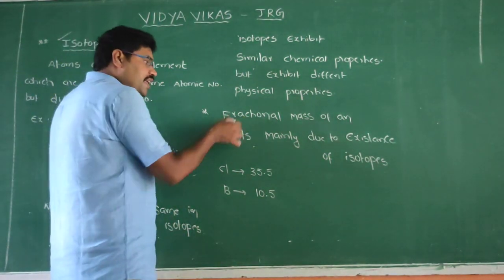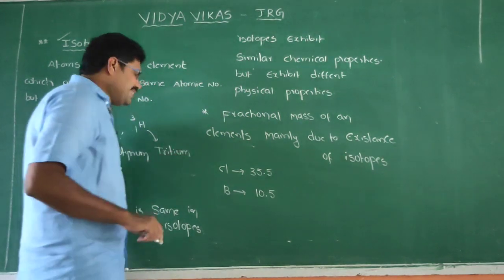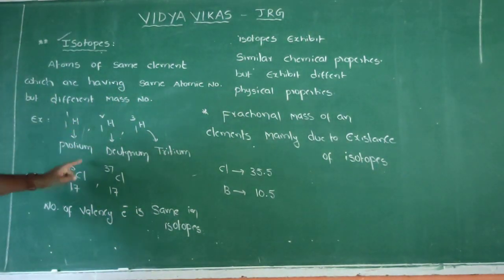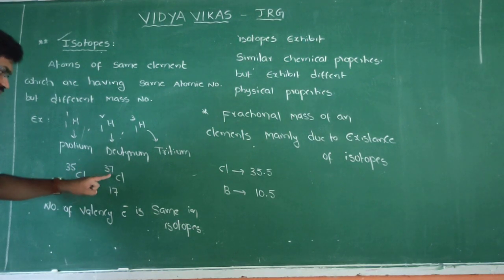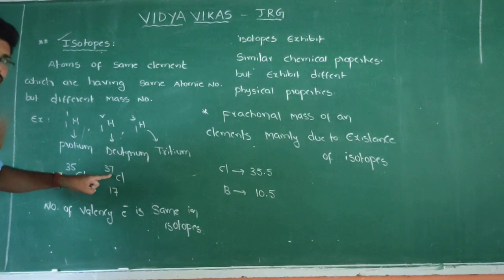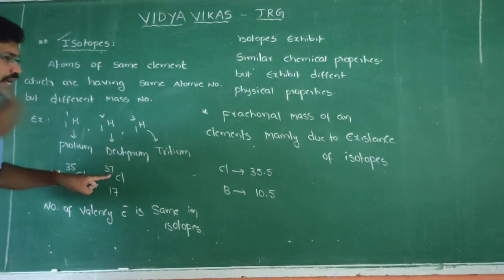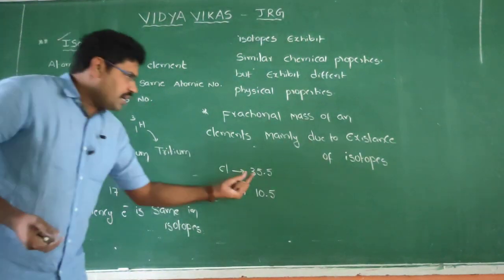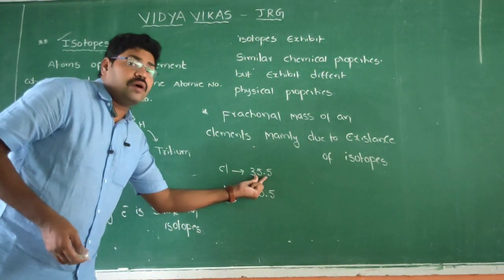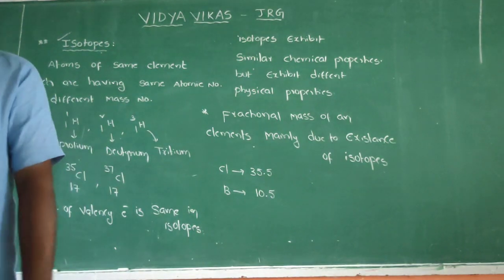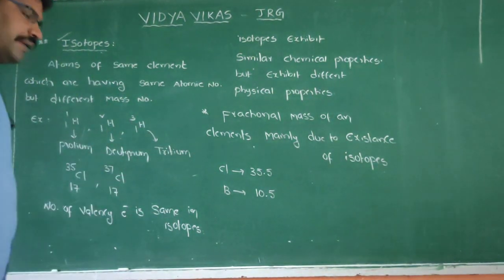The fractional mass of an element is mainly due to the existence of more than one isotope. Look at chlorine, which exists in two different isotopes: one with mass number 35, another with mass number 37. If we calculate the average atomic mass of chlorine using the formula, we get the answer 35.5.